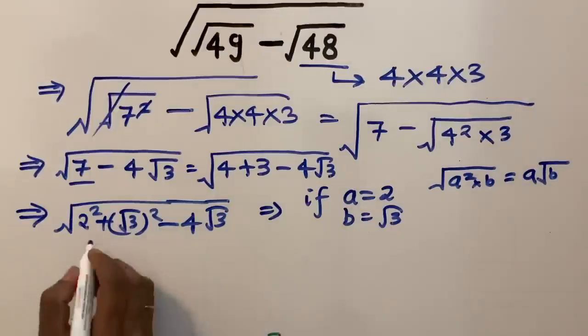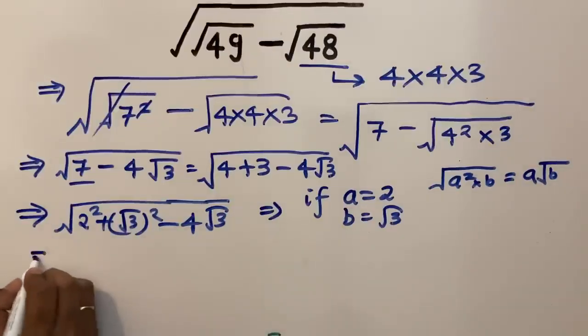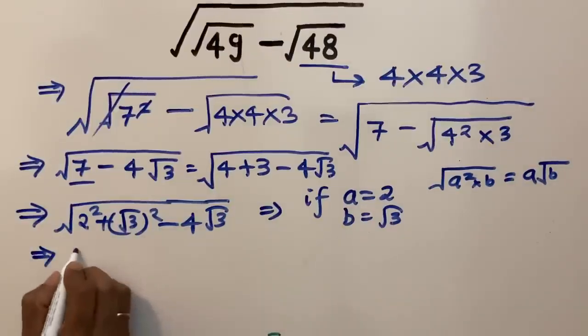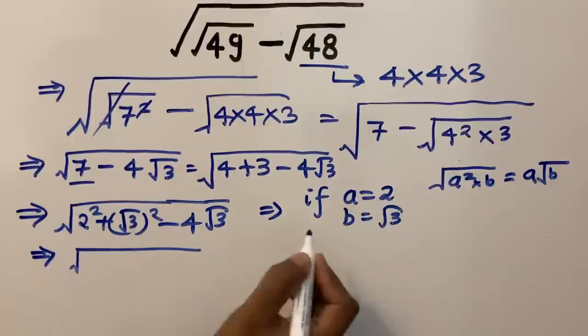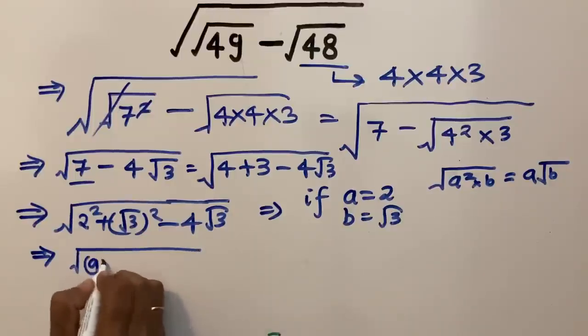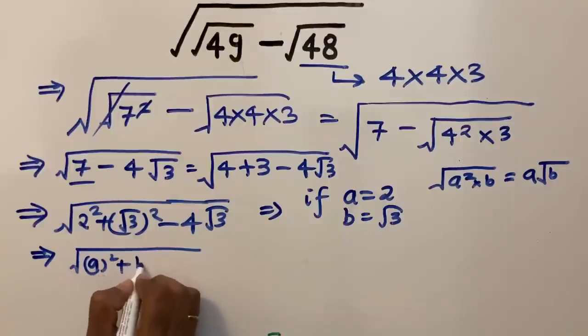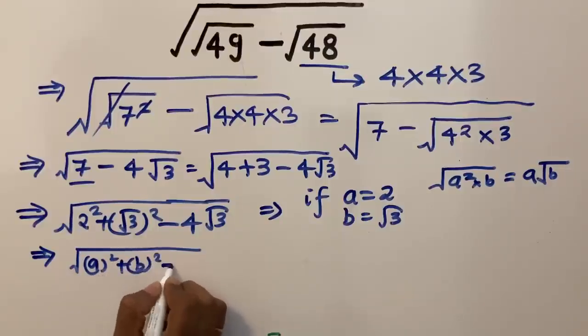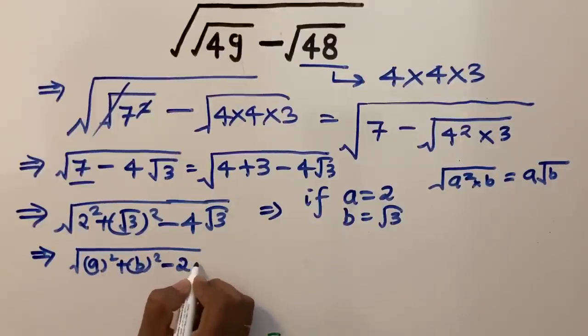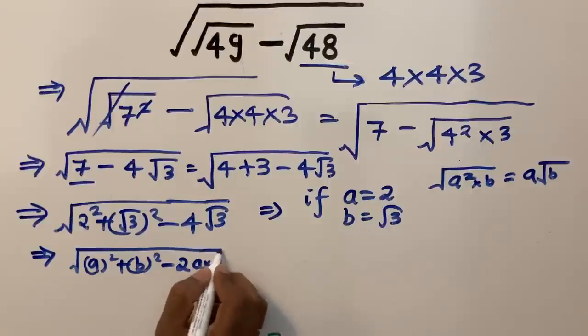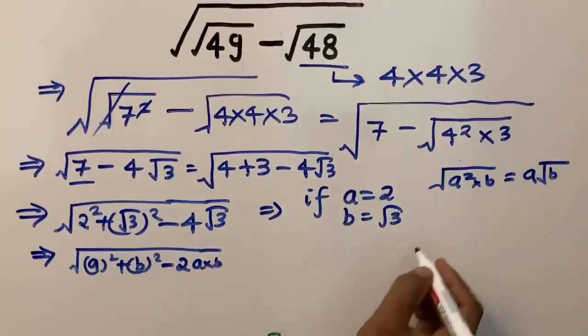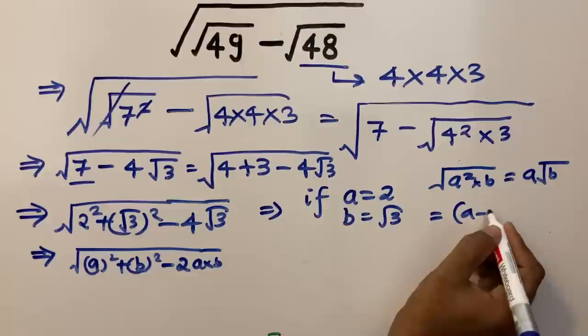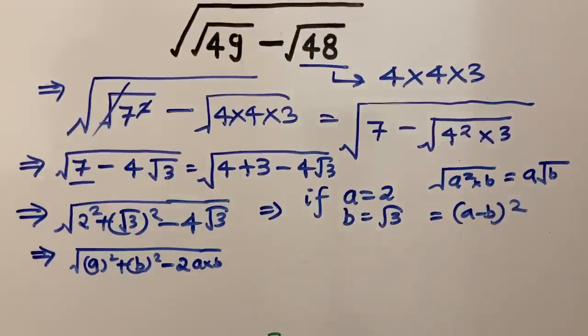So this equation can also be written as square root a square plus b square minus 2ab. So this is in the form of (a minus b) whole square.